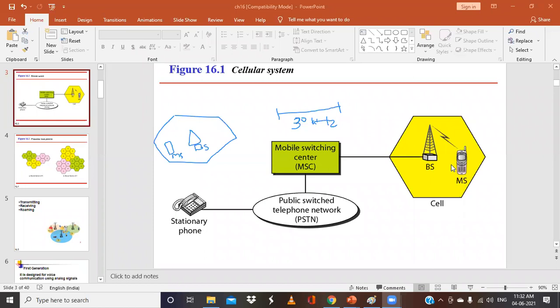You're taking from somebody else. That is what happens in case of roaming. Only for that period, your communication will be switched from your original service provider to some other service provider, depending on the terms and policies of those companies.